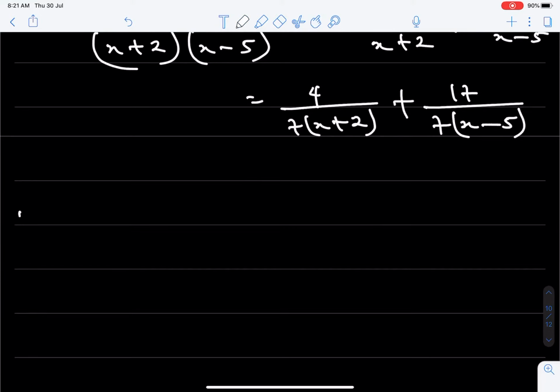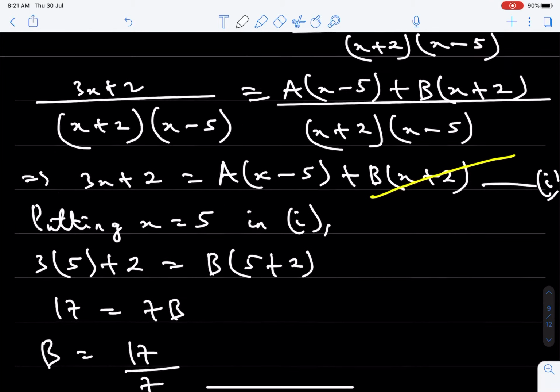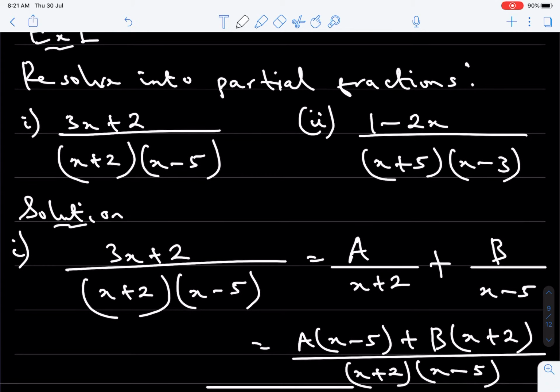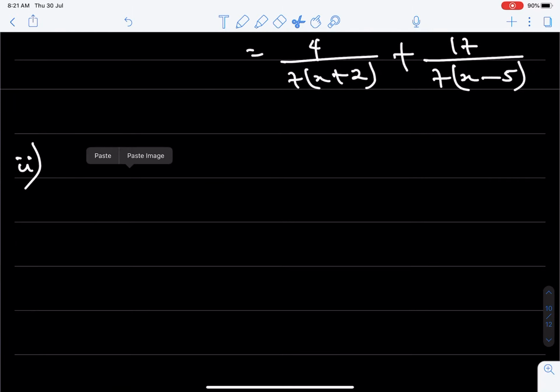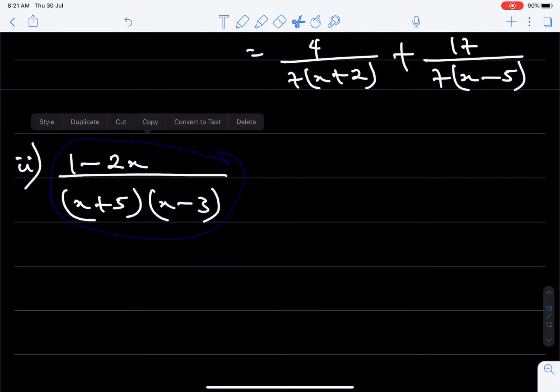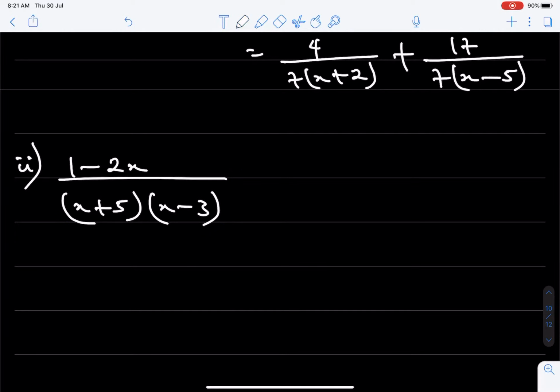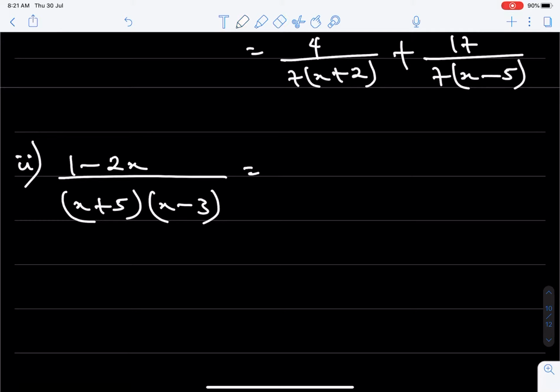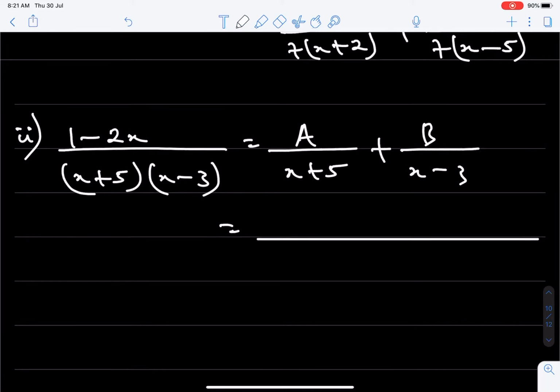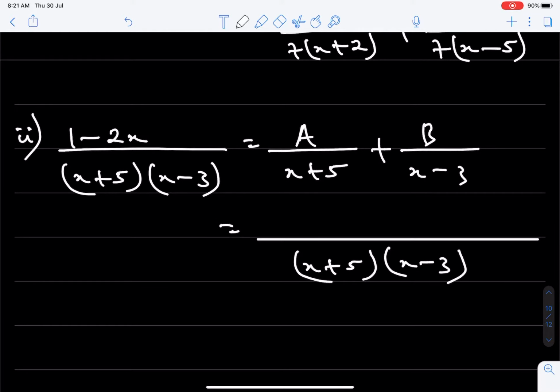Now let's go to example 2. Example 2 says, resolve 1 minus 2x all over x plus 5 times x minus 3 into partial fractions. In the same vein, that's the same as a over x plus 5 plus b over x minus 3, which simply means the LCM is x plus 5 times x minus 3.